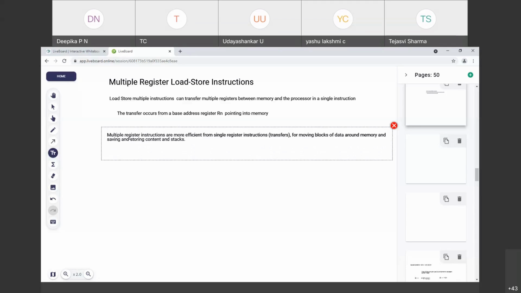I'll write the load store instruction because it should get into your mind. The load store multiple instruction can increase interrupt latency. Please try to understand.